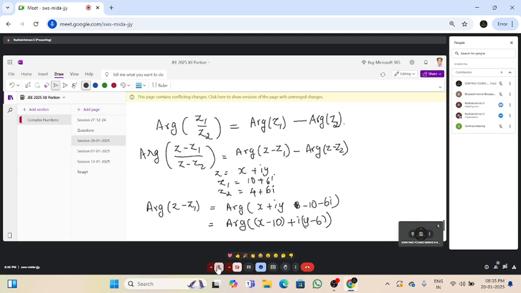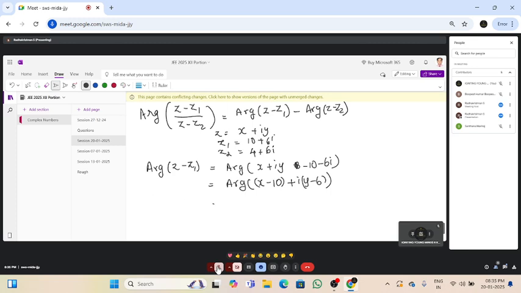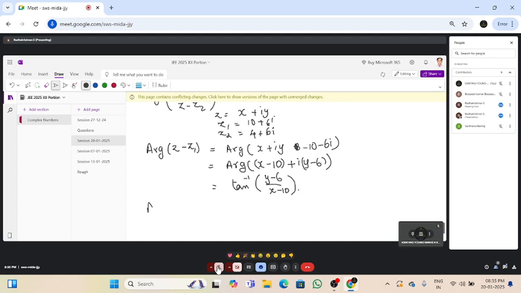So by arranging the terms, you get it as arg of x minus 10 plus i into y minus 6. And what is this? Correct? Tan inverse of y minus 6 by x minus 10. Same way you find out arg of z minus z2 and tell me what you are getting.